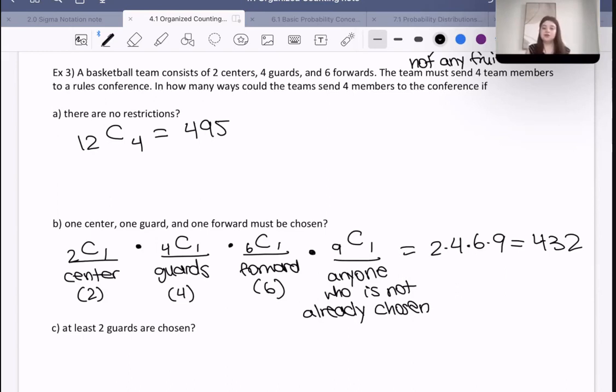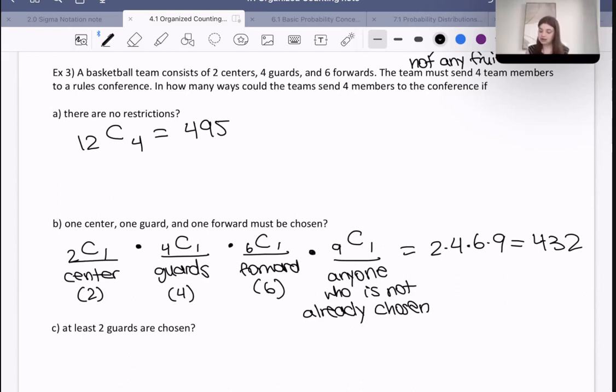There were very few that actually excluded an entire group, that only had guards and forwards, or only had centers and guards, or only had centers and forwards, or only had guards, or only had forwards, or things like that. That didn't really account for a lot of the possibilities anyway, and so this number is fairly close.